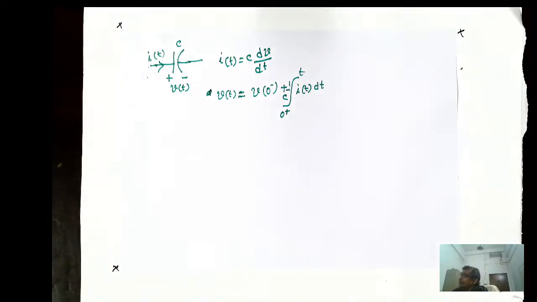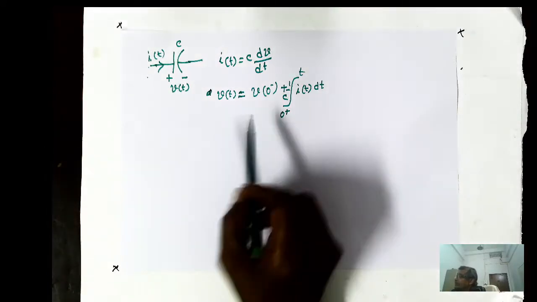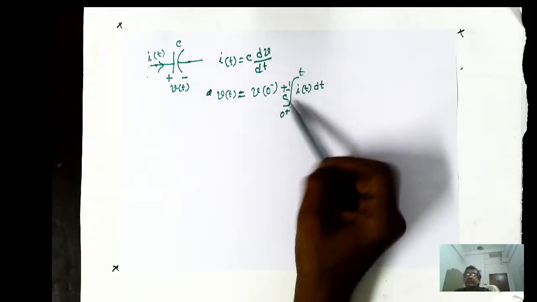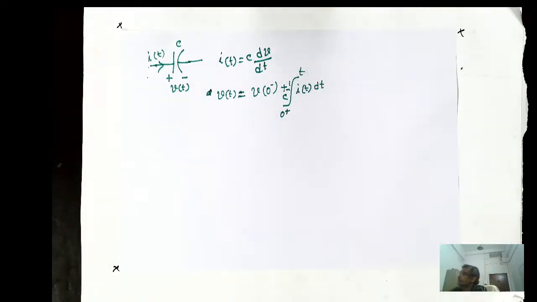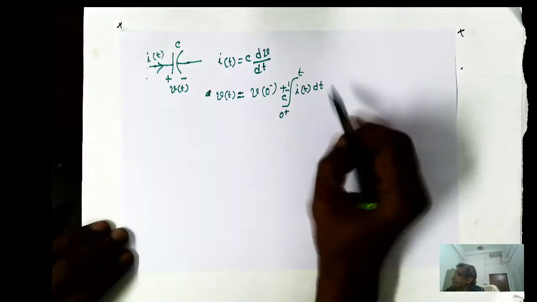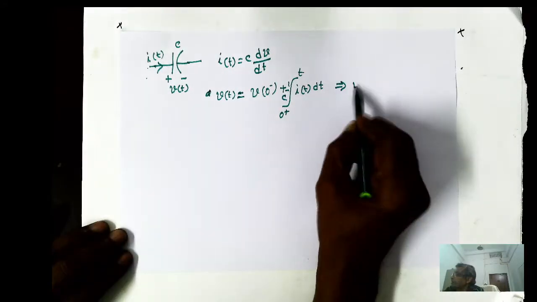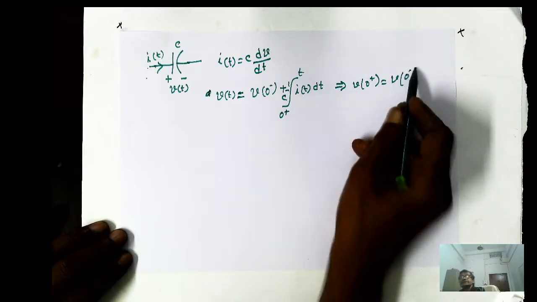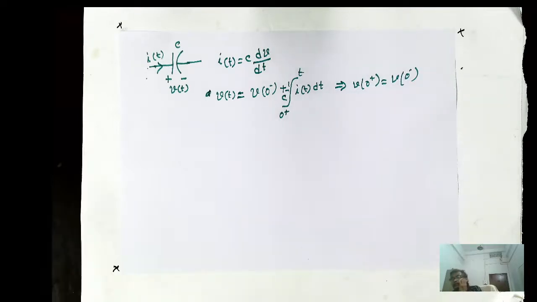And v(0 plus) will be equal to v(0 minus), because at t equal to 0 plus, integrating this function with the same limits will give 0. t equal to 0 is the instant when I am changing the circuit configuration, topology, etc. by doing some switching.